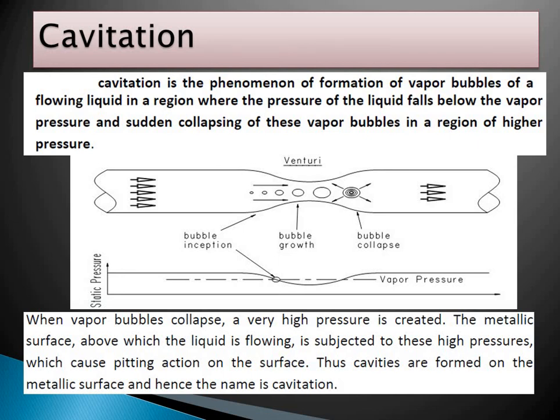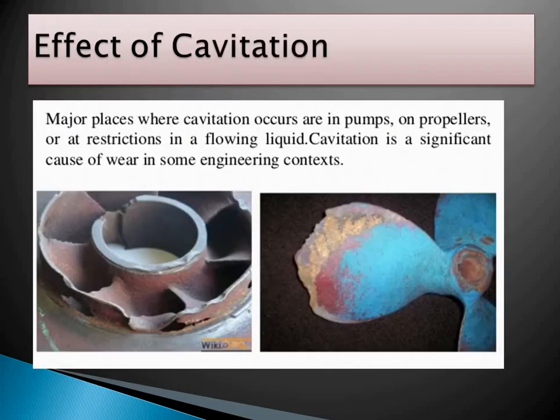So when the vapor bubbles collapse, a very high pressure is created, and the metallic surface over which the liquid is flowing is subjected to this high pressure, which causes pitting action on the surface. Thus cavities are formed on the metal surface, and hence the name cavitation. So this phenomenon is called cavitation.